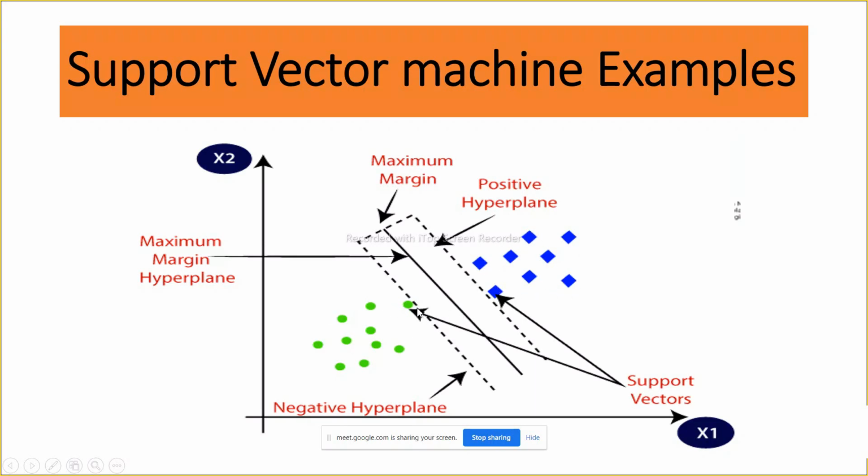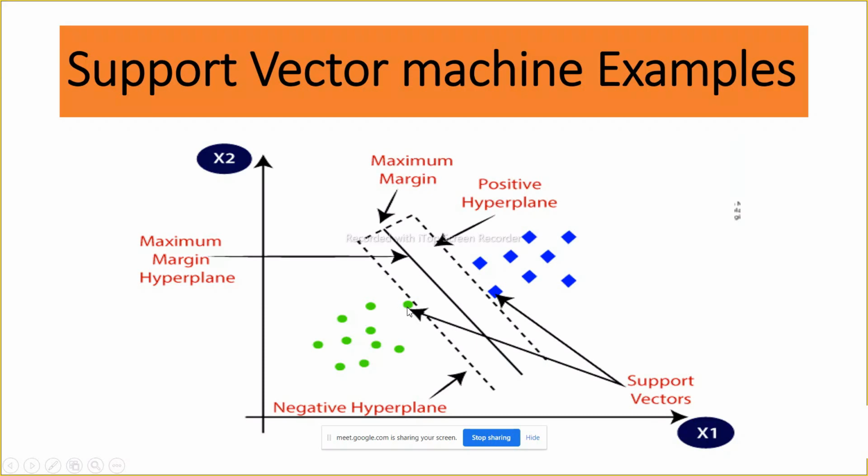But the points or pixel values that are nearest to the decision boundary are called the support vectors. You can see this pixel value and this pixel value are near the decision boundary, so that's why they are called support vectors.